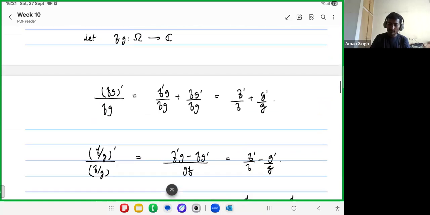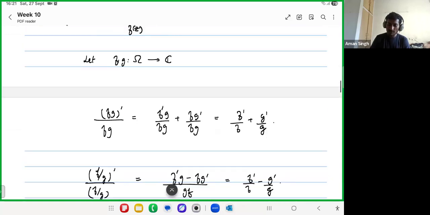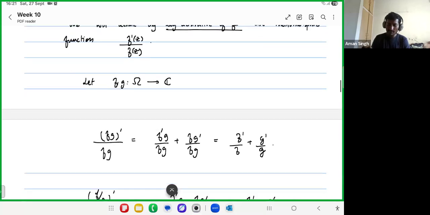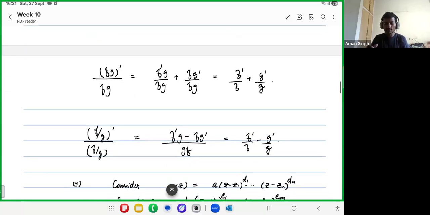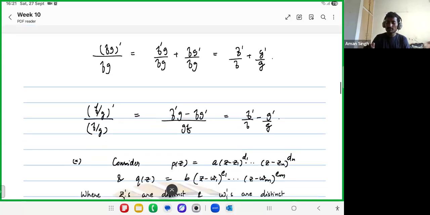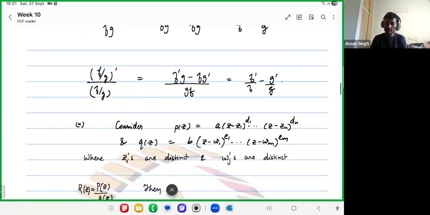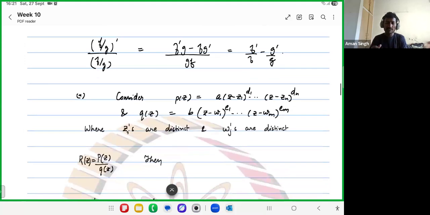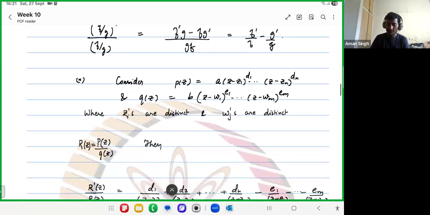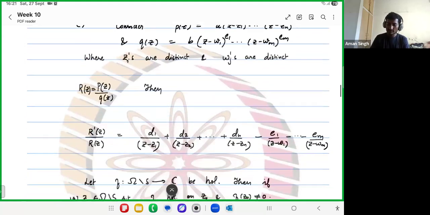Here we have some properties of the log derivative: for the product fg, (fg) prime divided by fg is f prime by f plus g prime by g, meaning the log derivative of f plus the log derivative of g. Similarly, we have a division formula for the log derivative of f by g. The log derivative of f by g is the log derivative of f minus the log derivative of g, like that.